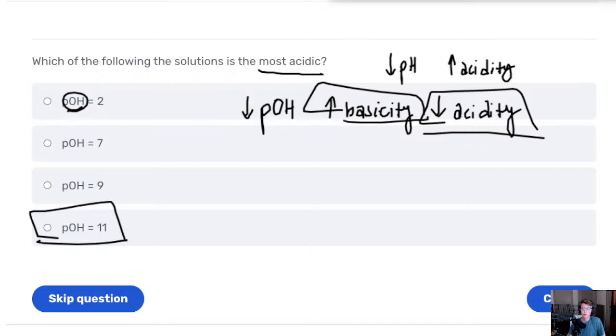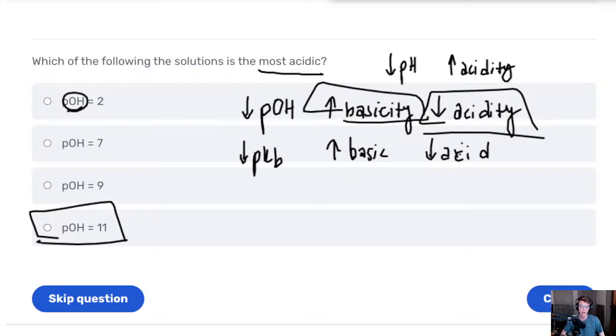If they were asking about pKa's and pKb's, not pOH's and pH's, it's the exact same thing. So for example, we could substitute in a low pKb is going to be high basicity and then low acidity. And if it was asking for still the most acidic thing, then just like we looked for the highest pOH value, we would look for the highest pKb value. So basically, the way that we treat these is the same.